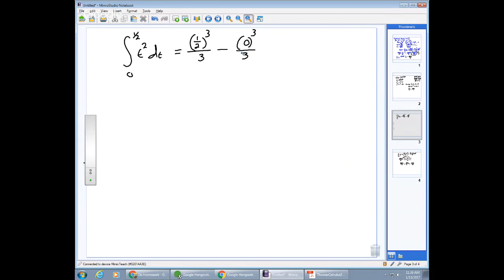That's the formula in the book for the area under a basic quadratic function. 0 cubed goes away, so I just have 1/2 cubed, which is 1/8, over 3, which is 1/8 times 1/3, or 1/24.